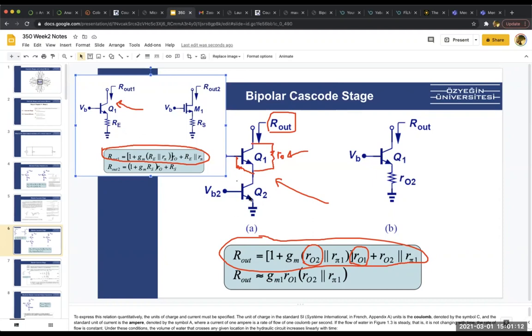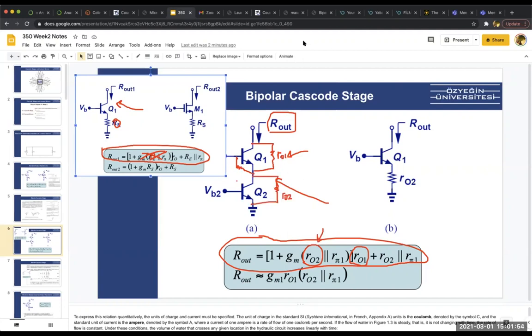Well, in this one, there is no RE, so assume RE is 0. Then 0 in parallel with R pi will be 0, so don't even think this term is there. But you are right. The important thing here, as I mentioned, is that this cascode stage is now boosted by R.